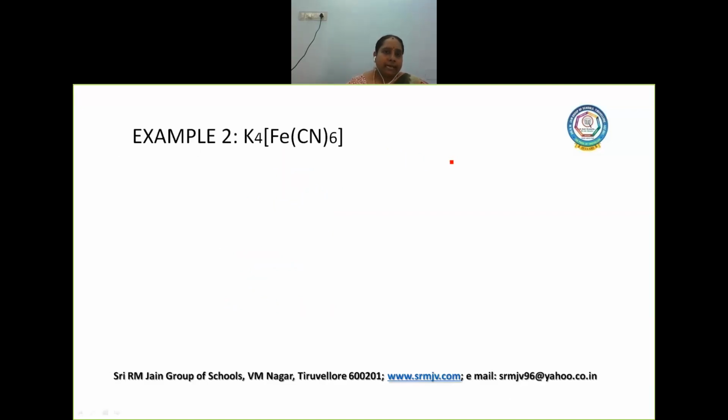Now, the second example contains a simple cation and a complex anion. Already I taught you how it is getting dissociated. It is getting dissociated into 4K+ as the simple cation, and Fe(CN)6 4- will be the charge of the complex.